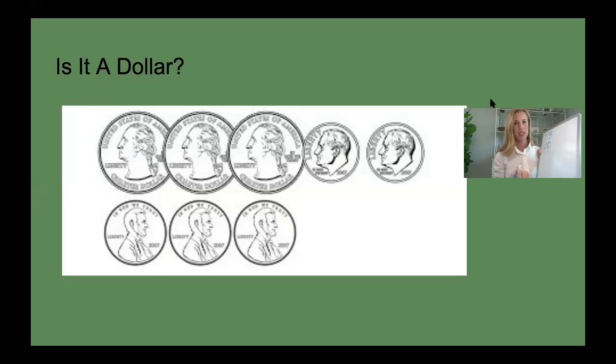Dimes equal 20 cents using my skip counting, and the pennies equal 3 cents using regular old counting. And then I could add these up using any addition strategy you would like. I'm going to find out that this is equal to 98 cents. We're so close to $1, only 2 cents away. But no, this one is not equal to $1.